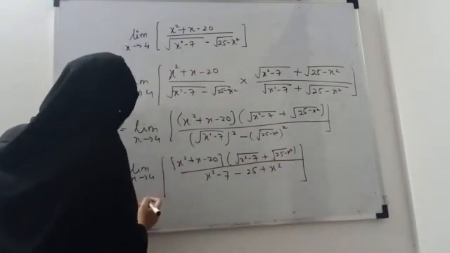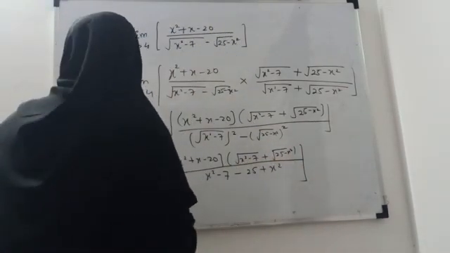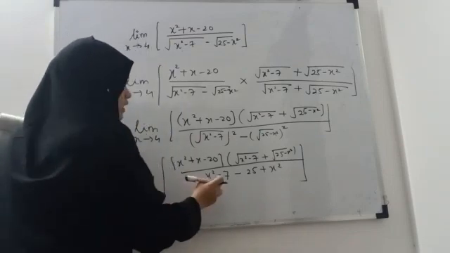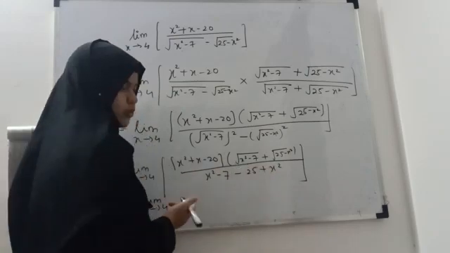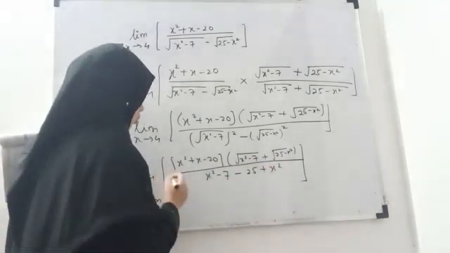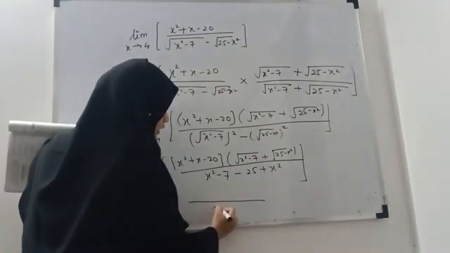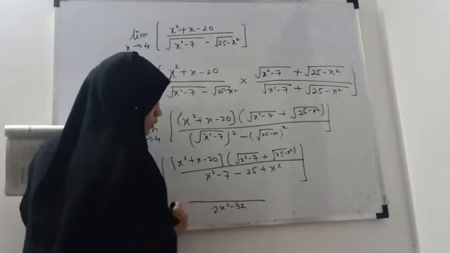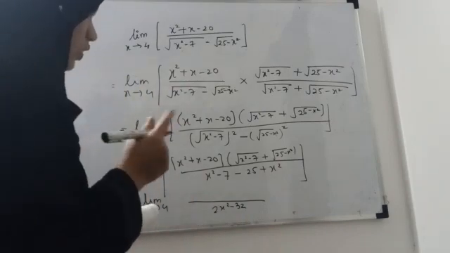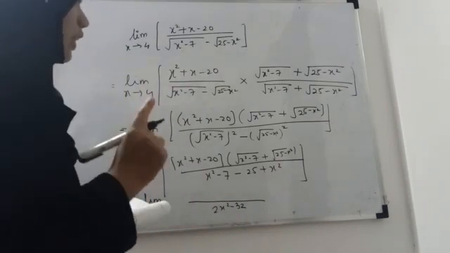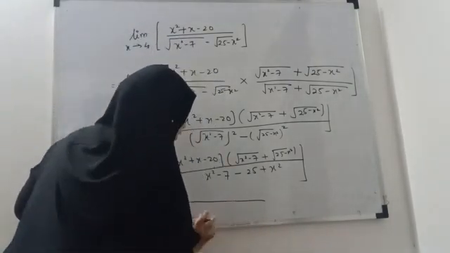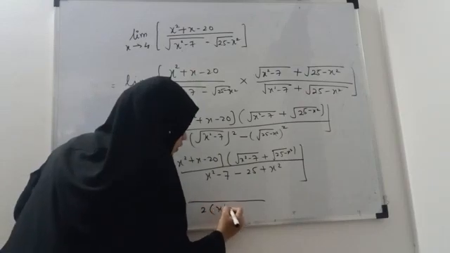So here we will be left with x square and plus x square, 2x square, and 25 and 7 make 32. So 2x square minus 32 in the denominator. If you take 2 common, you will be left with x square minus 16, right?